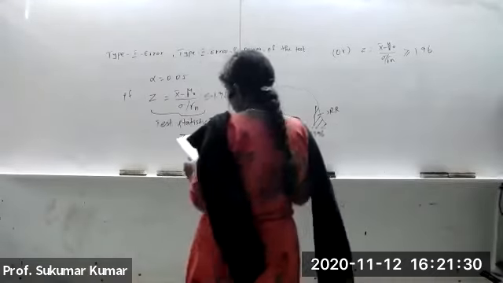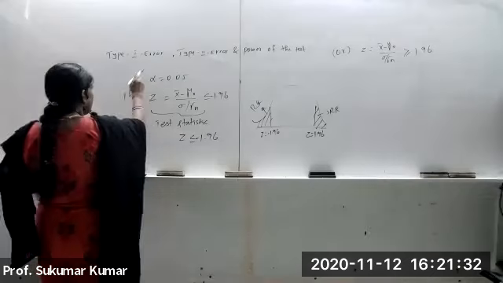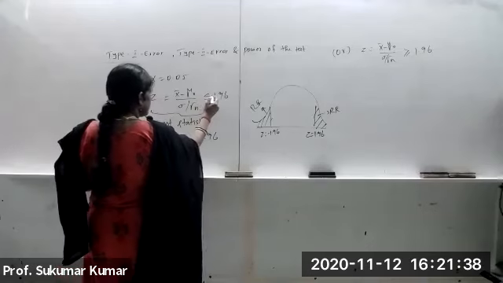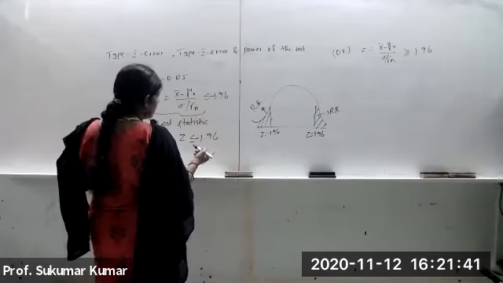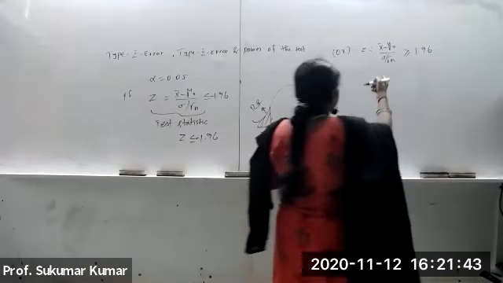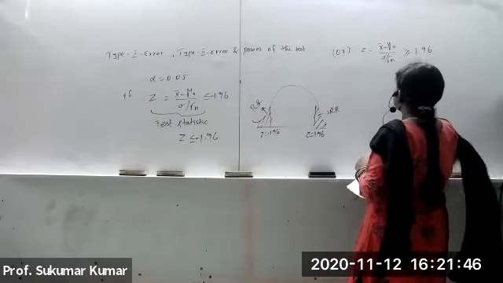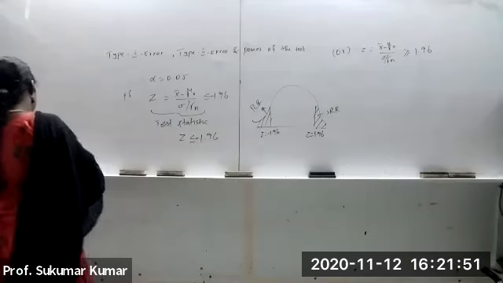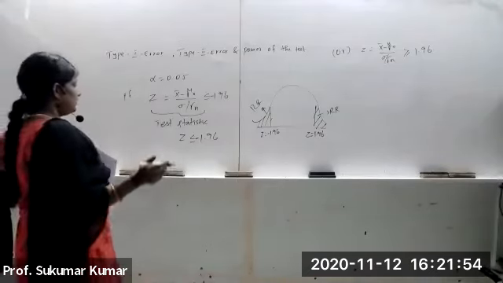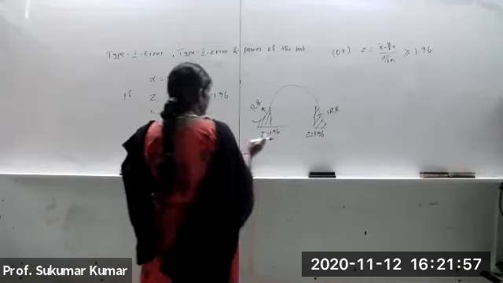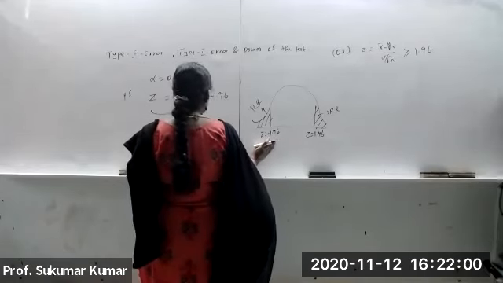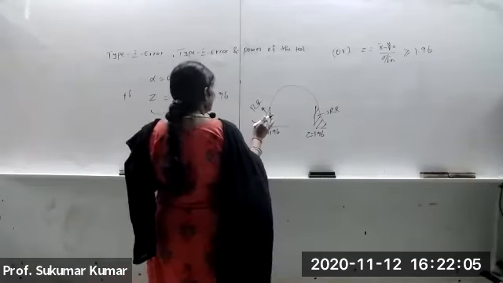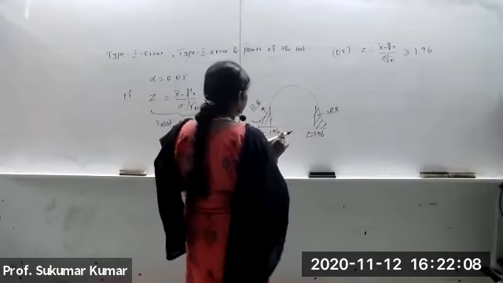Write what I say: we will not reject H naught at alpha equal to 0.05 if test statistic is less than or equal to minus 1.96, or test statistic is greater than or equal to 1.96. So the meaning is that minus 1.96 is on this side, the left, and our critical value falls in the rejection region, the left tail rejection region.